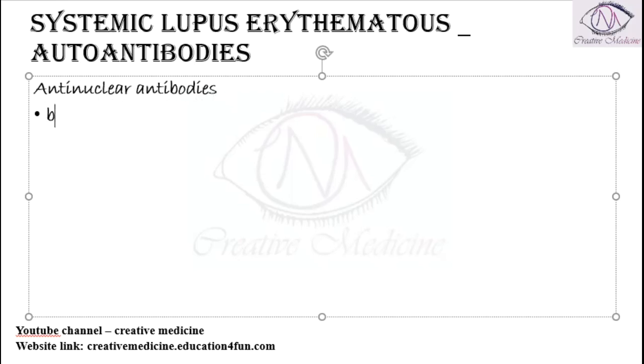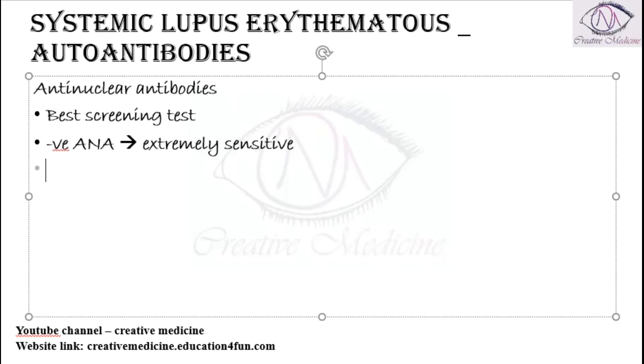Anti-nuclear antibodies are actually the best screening test for SLE. A negative anti-nuclear antibody is extremely sensitive, whereas a positive anti-nuclear antibody is only little specific. Specificity is less, whereas sensitivity is more for anti-nuclear antibody.